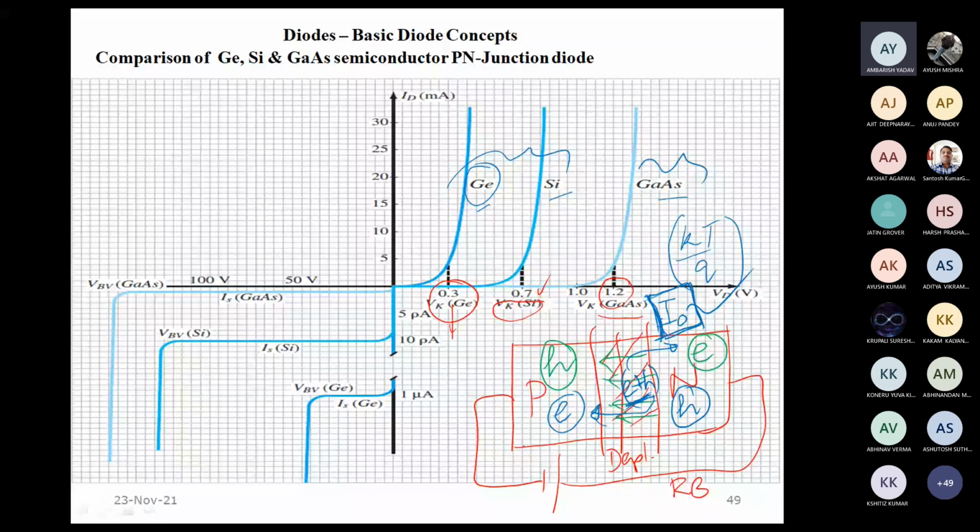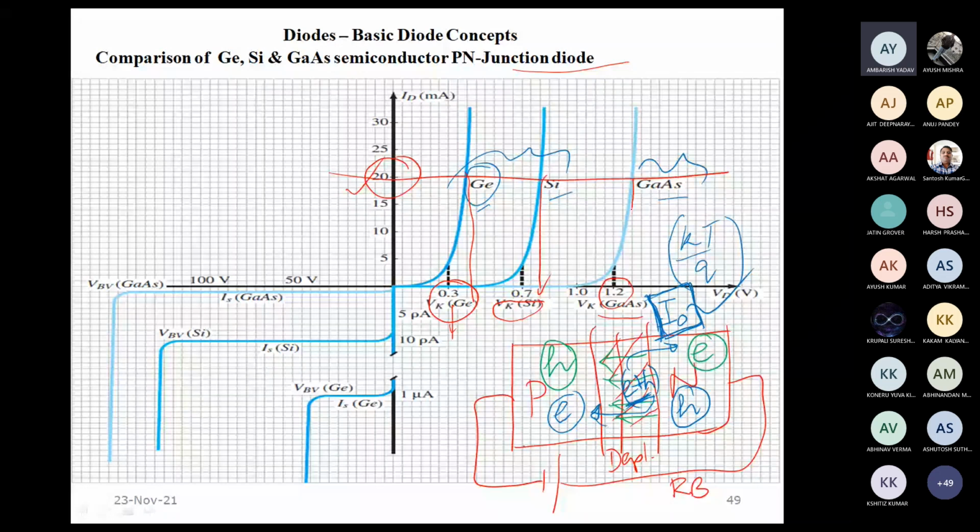Suppose we try to get some given current, say 20 milliampere in this case, then we will require different values of voltage for these different diodes.